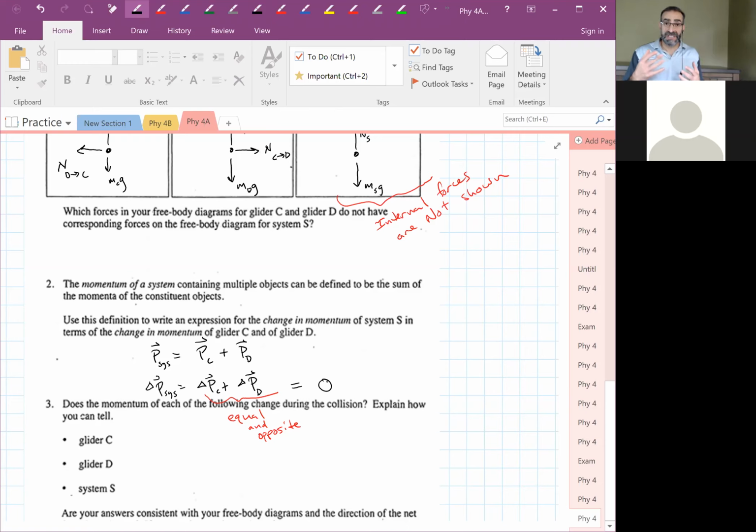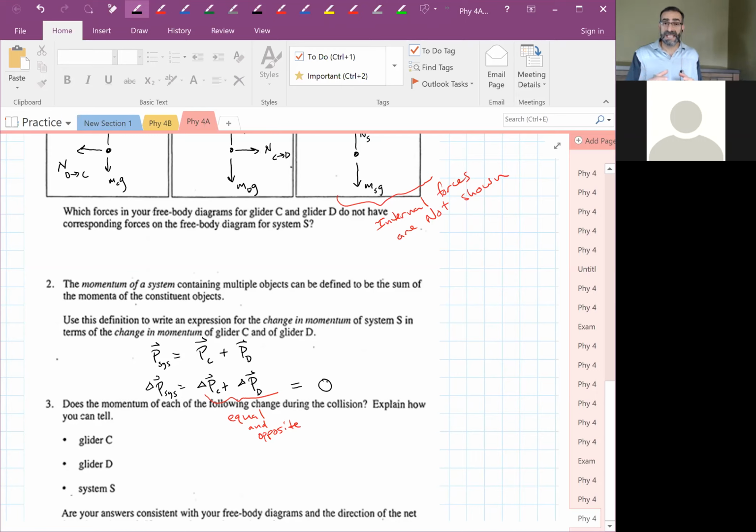It does not change throughout this process. When C and D collide together, C's momentum changes, D's momentum changes, but the momentum of the system stays the same. The delta P for the system is 0. So whatever momentum it had before the collision, it has to have the same amount after the collision.